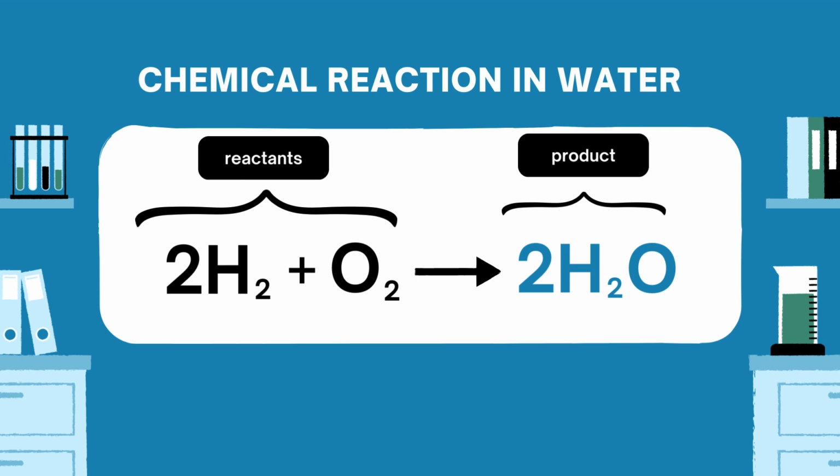On the other hand, H2O serves as the product. If we read this chemical equation, we can say: two molecules of hydrogen gas react with oxygen gas to yield two molecules of dihydrogen monoxide, or two molecules of water.